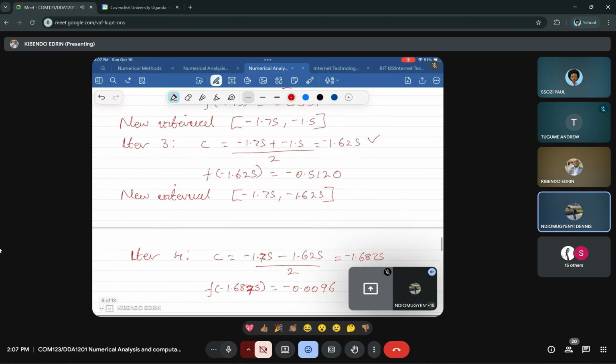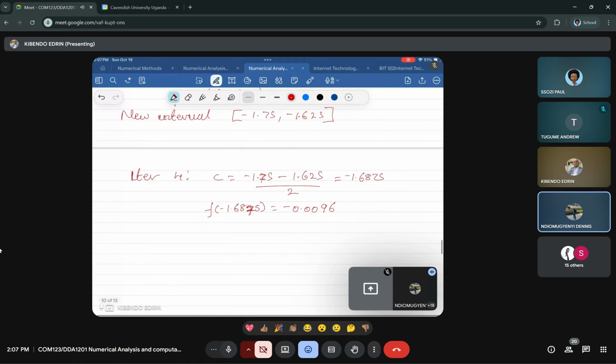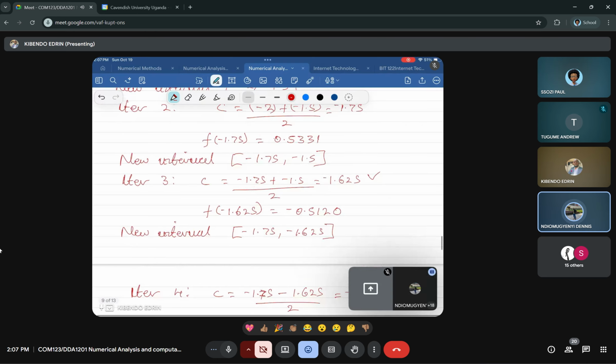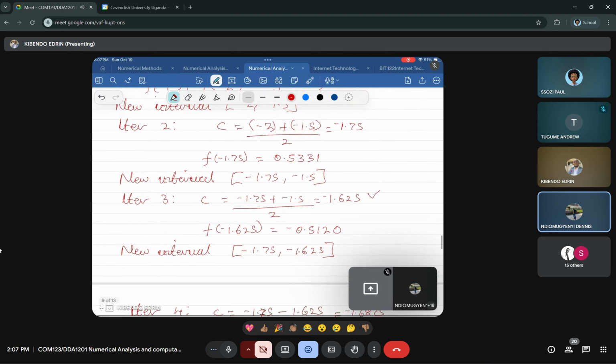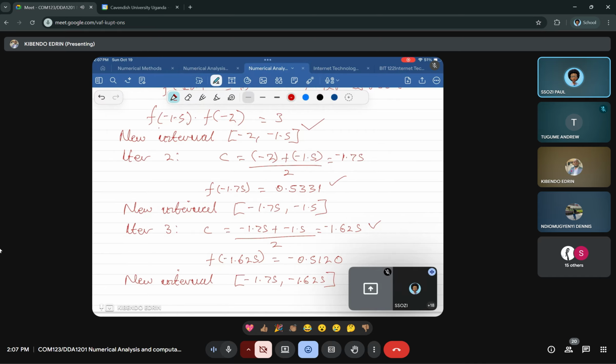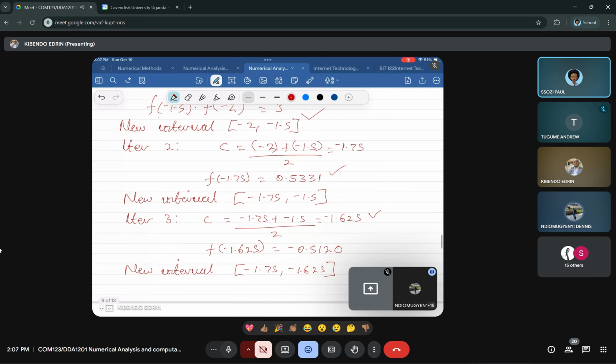Now the interval becomes, you go up where we got a positive. That one, negative 2 and negative 1.5, 0.5. Yes.